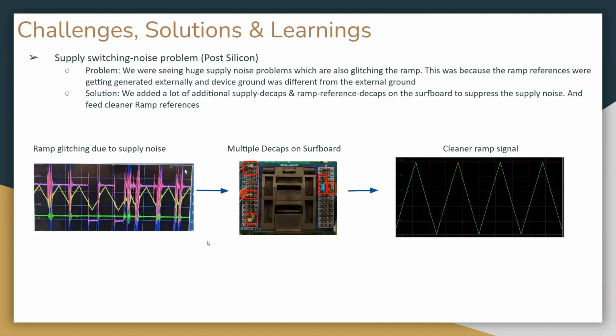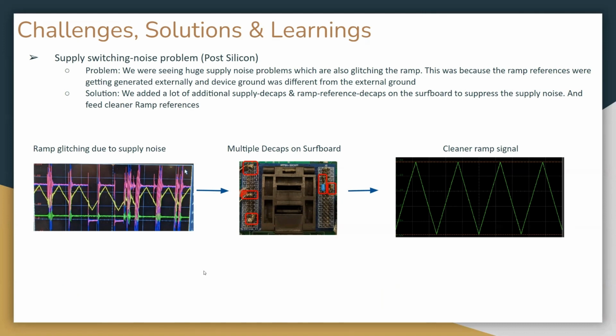The last problem that we faced was post silicon. That was the huge switching losses that we were getting due to the huge bond wire parasitics that we have shown already earlier. These huge switching losses used to couple to the references of the ramp generator, and the ramp generator used to glitch, as shown on the left side.